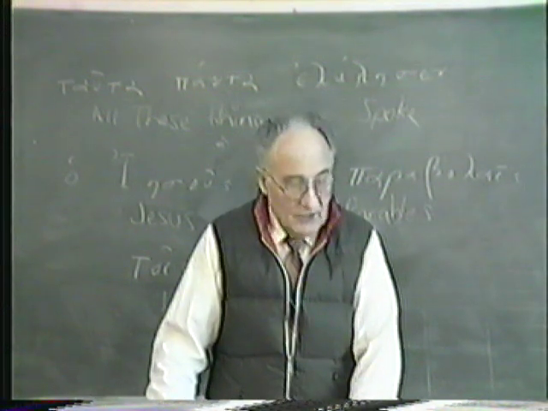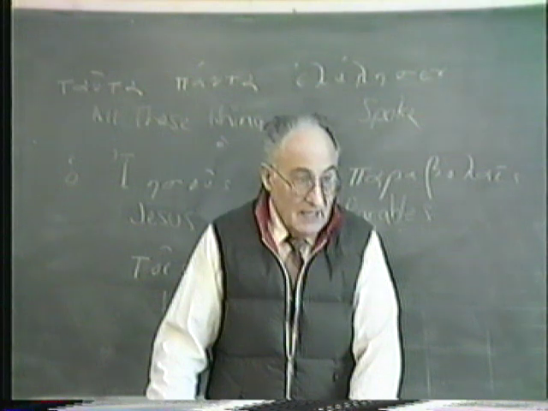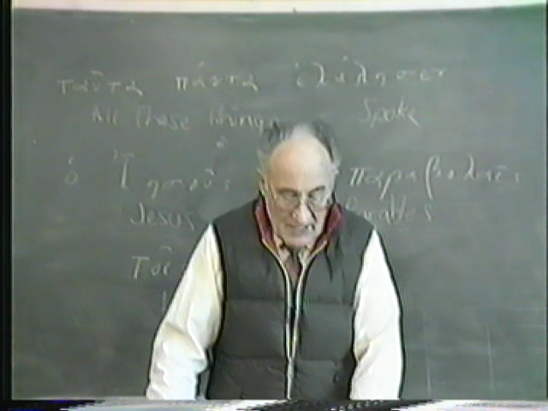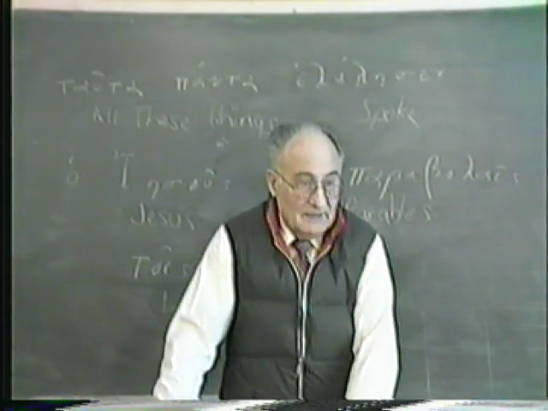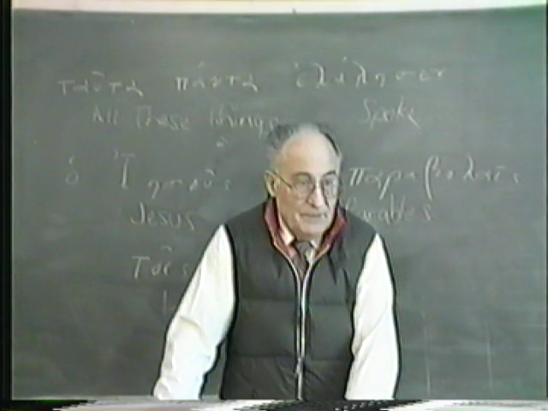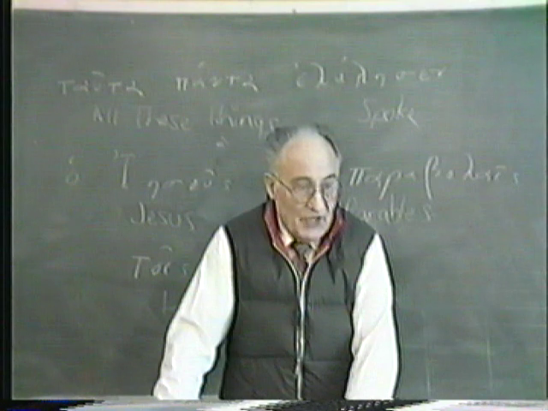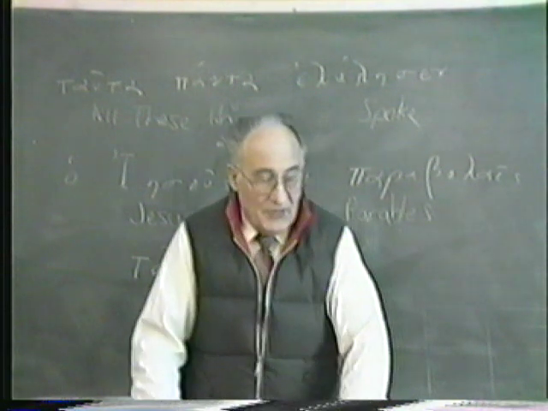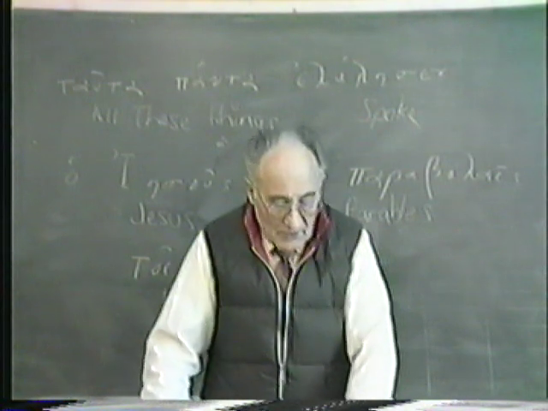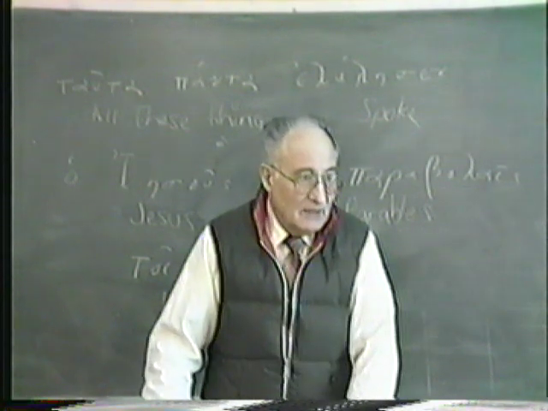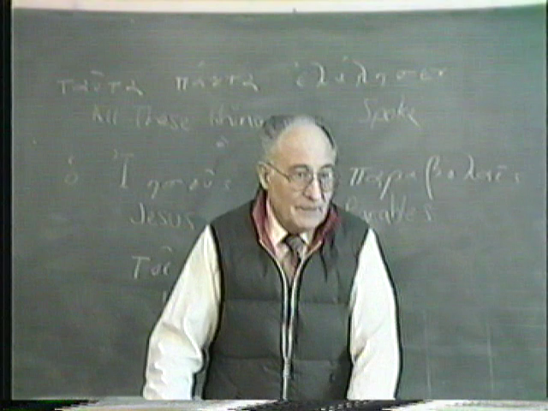Okay, the one who sent me, or he who sent me. What is my verb of that sentence? Estin. Third person singular. And my third person singular is in direct accord with my express subject, which is the participle, isn't it?